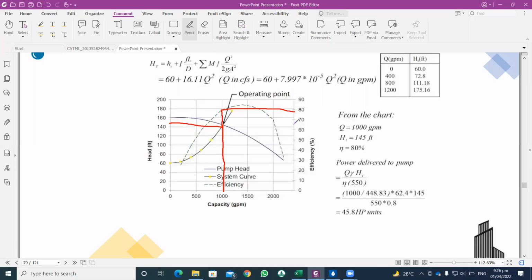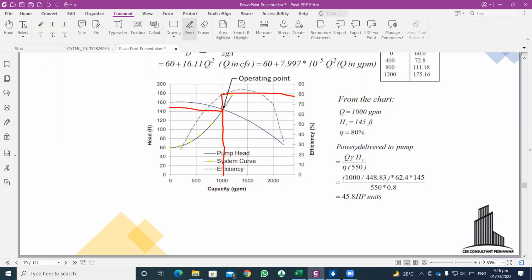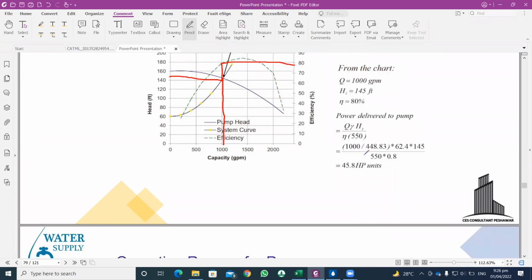So the efficiency is about 80%. Based on this efficiency, we will calculate how much power will be delivered to the pump in order to operate and provide that amount of flow and head to the system. So by putting in the values, we get 45.8 horsepower.